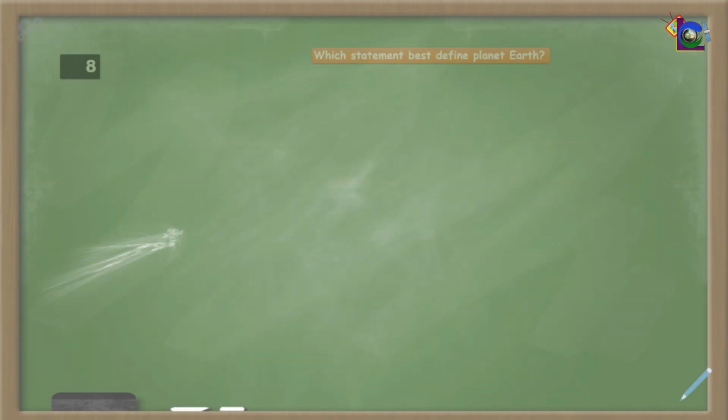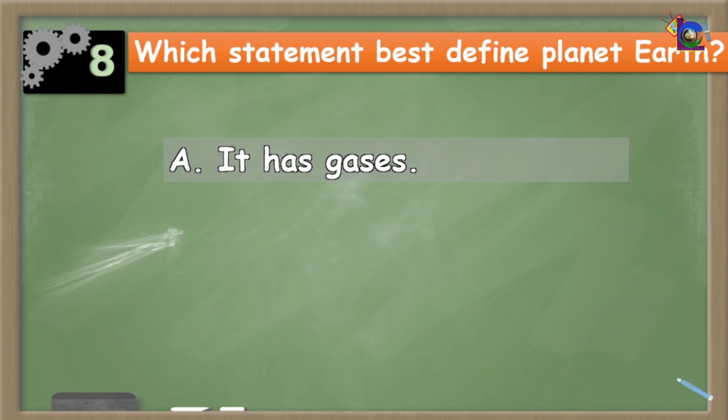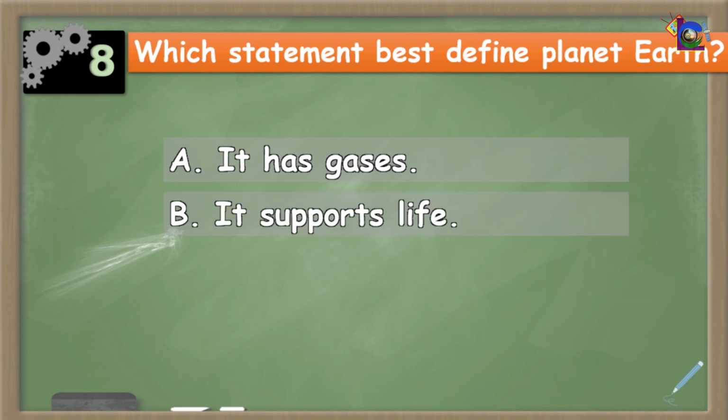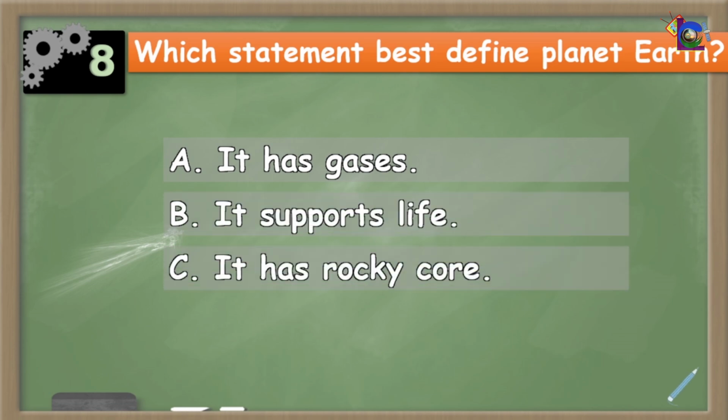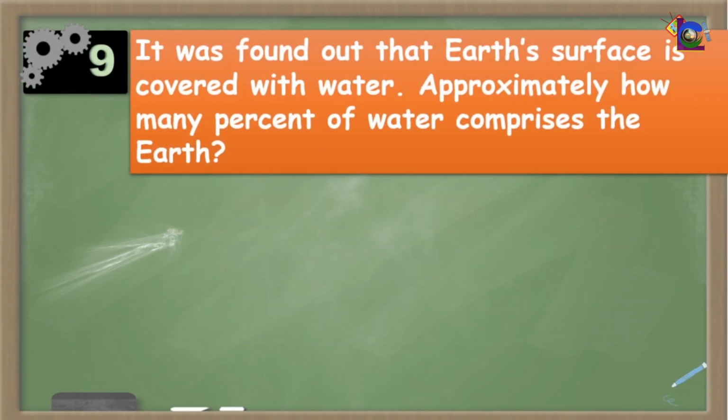Question number 8. Which statement best defines planet Earth? Is it A, it has gases, B, it supports life, C, it has a rocky core, or letter D, it supports other planets? The correct answer is letter B. Question number 9.